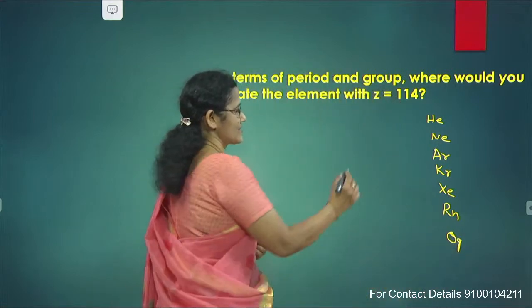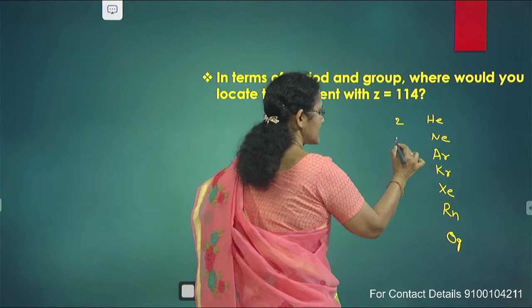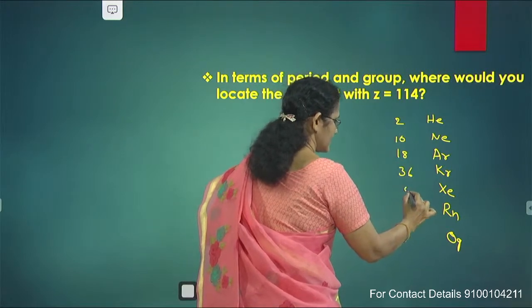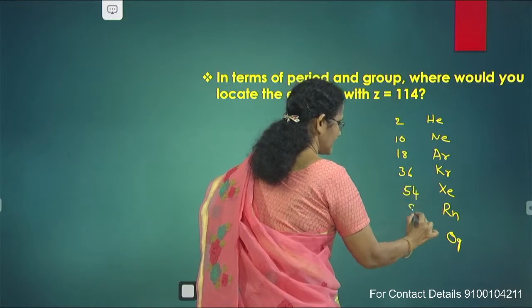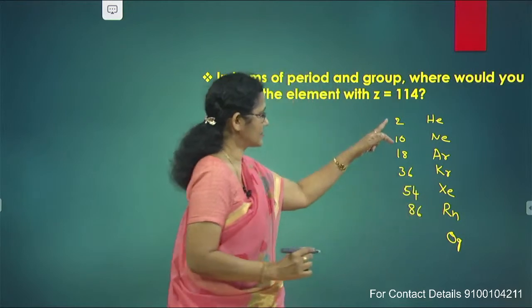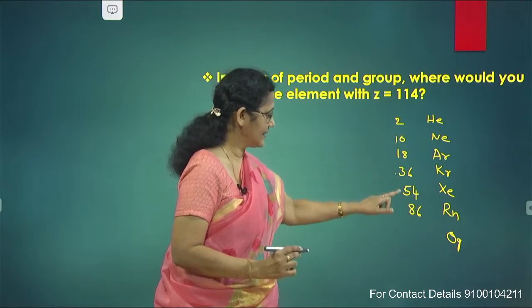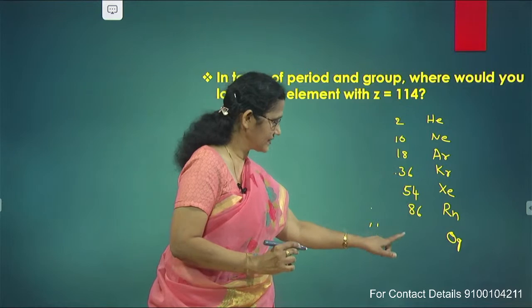Next, 2, 10, 18, 36, 54, 86, difference 2, add 8, 8, add 18, 18, 32, go on adding 32.